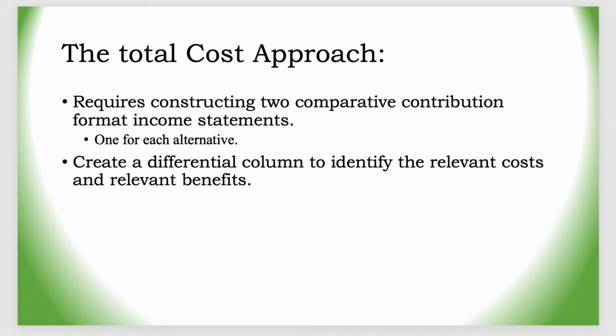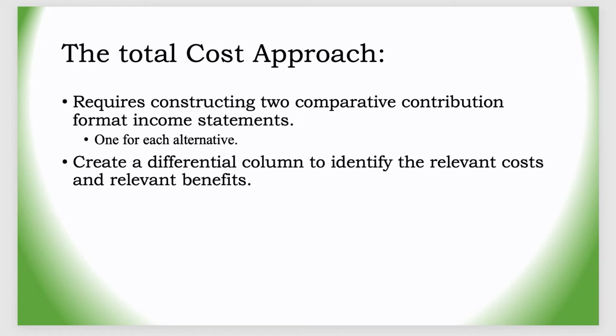So the total cost approach requires the construction of two comparative contribution format income statements. Okay, that means that on a sheet of paper or in a document, we're going to have two columns. We're going to have the contribution format income statement, and one column is going to show the results of our current situation.